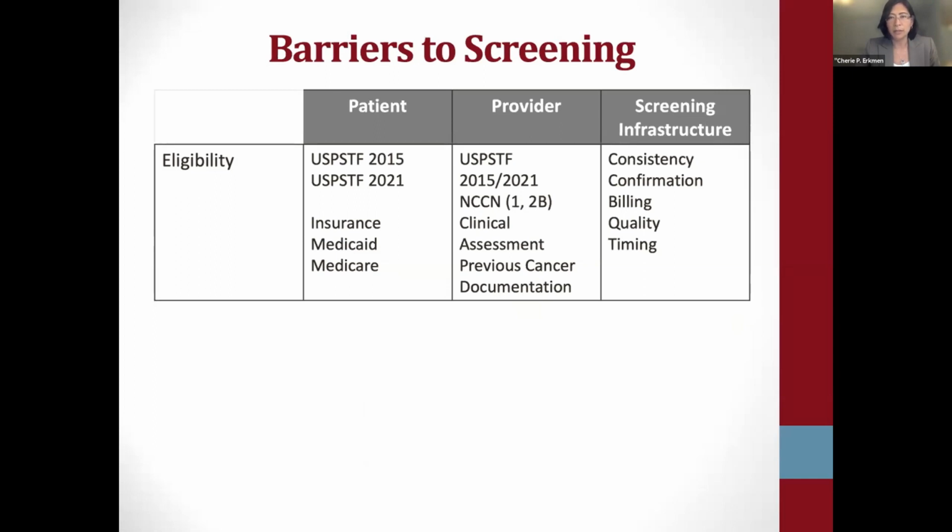So eligibility, it's difficult for patients. It depends on changing guidelines, new evidence, what insurance they have. And for the provider, same thing, and perhaps there are different guidelines that would suit their patients better. And then from a screening infrastructure standpoint, the consistency, confirmation, billing, quality, timing, all of these, just eligibility becomes a barrier.